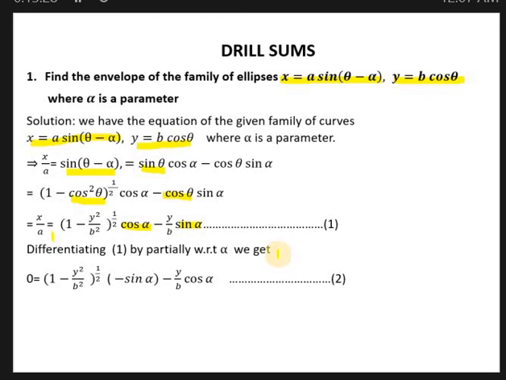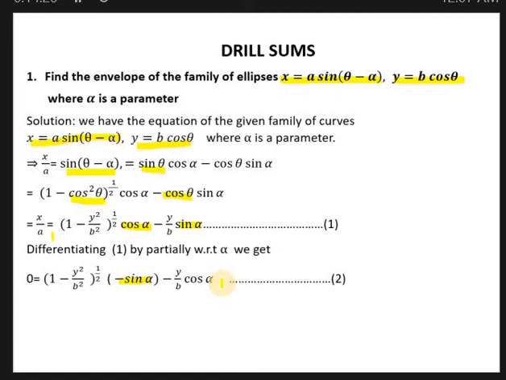Differentiating equation 1 partially with respect to alpha, the derivative of x by a is 0. The derivative of 1 minus y square by b square whole to the power of half into cos alpha is 1 minus y square by b square whole to the power of half into minus sin alpha, minus y by b, again it is a constant, so y by b cos alpha.